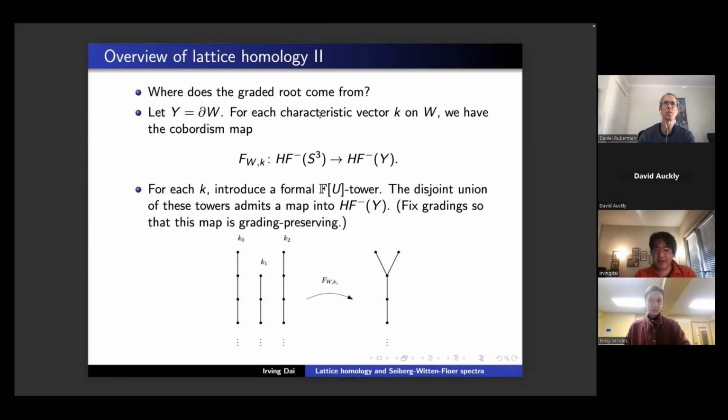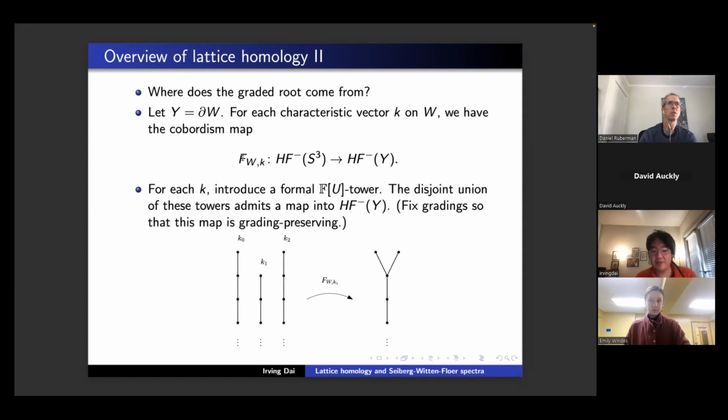What I do is take the set of all characteristic vectors on W, and for each characteristic vector on W, I formally introduce a copy of F adjoin U. I shift all of these copies of F adjoin U formally, such that the cobordism map is an injection from each F adjoin U tower into HF minus of Y. It's not very hard to see this, just for structural reasons about negative definite cobordisms.